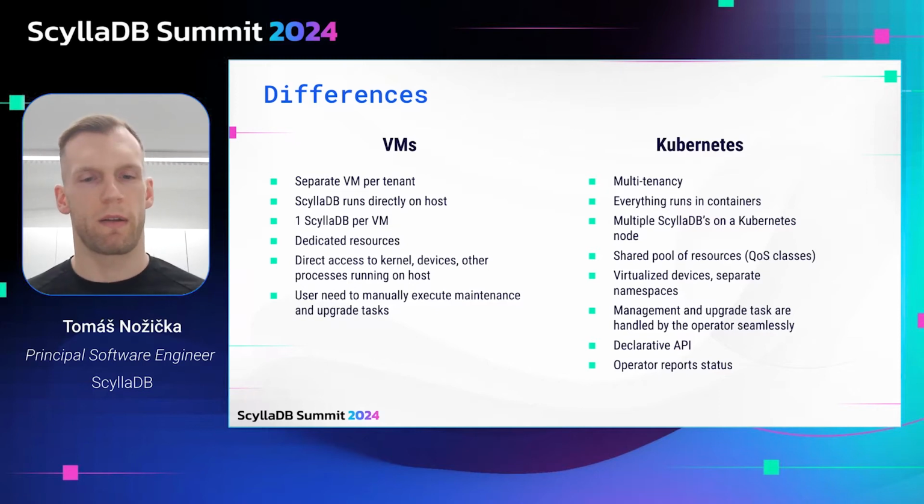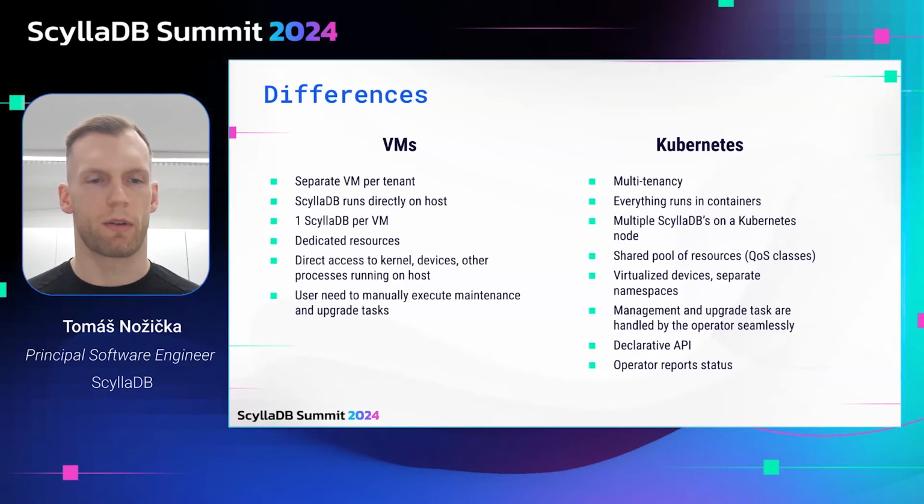And before we deep dive into the operator, I wanted to show off what's the difference between running this on VMs and running ScyllaDB on Kubernetes, right? So with VMs, you can have a separate virtual machine for each tenant. ScyllaDB runs directly on the host there, and there is just one ScyllaDB running on each VM.